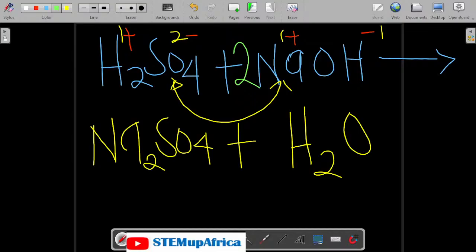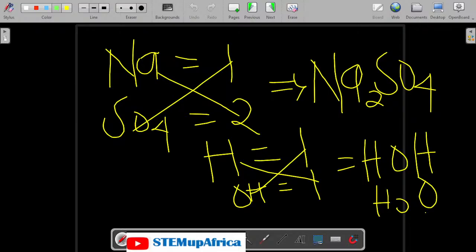That means we're having a total of 6 oxygen, because 2 times 1 from sodium hydroxide gives us 2 oxygen, and in the H2SO4 we have 4 oxygen, a total of 6. In the product, we already have 4 in the sodium sulfate. To correct it, I will just add 2 here. The hydrogen is also 4, 2 times 2 will give us 4. So this is the solution to question 1: H2SO4 + 2NaOH gives Na2SO4 + 2H2O. That is the solution to question 1.